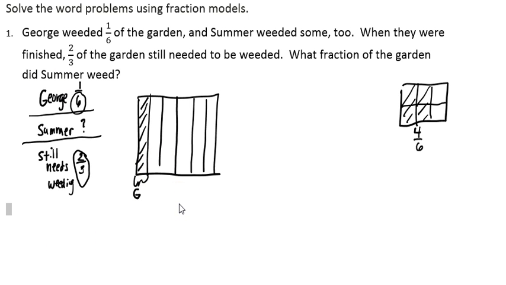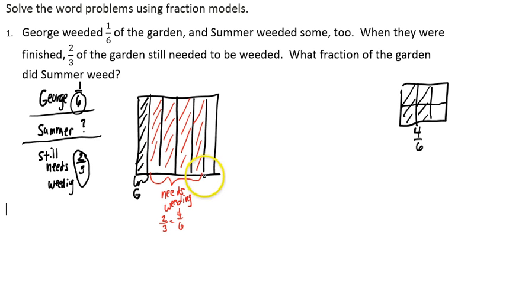I'm going to show that in a different color. So the red portion will be the part that still needs to be weeded. So there's 4/6. We'll say that needs weeding. And that is 2/3 of the garden, which is the same as 4/6.